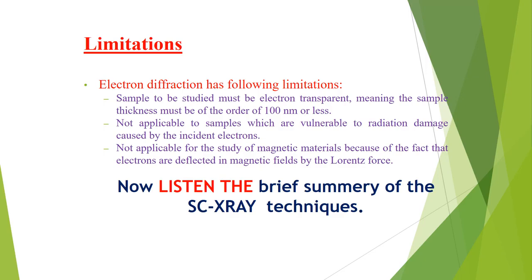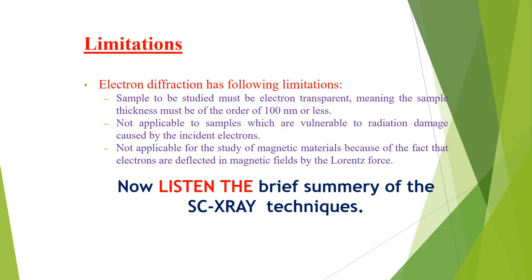X-rays have a unique ability to penetrate and get diffracted within the interatomic layers of crystals. So when we use X-rays as a source and they are incident on the sample, these incident rays are scattered by the sample and recorded on film.